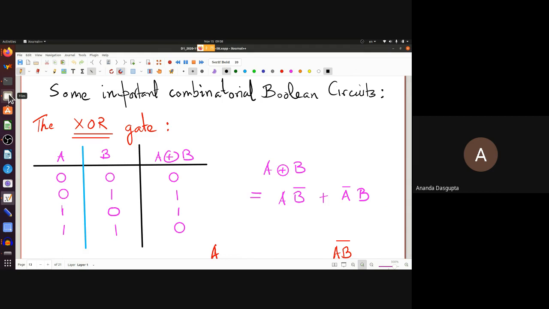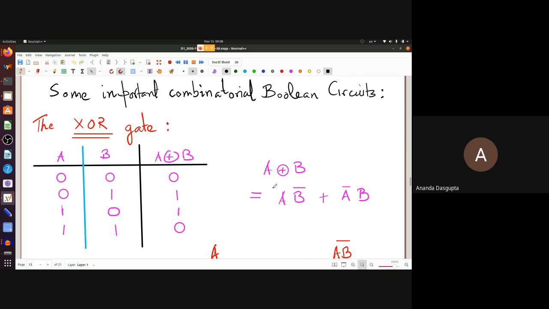So what we have are Boolean circuits, which we want to discuss. However, there are basically two different kinds of Boolean circuits. One is called combinatorial, in which basically you combine various Boolean gates which implement Boolean functions, and ultimately you want to implement a Boolean function using that.